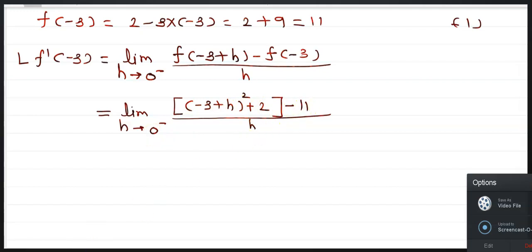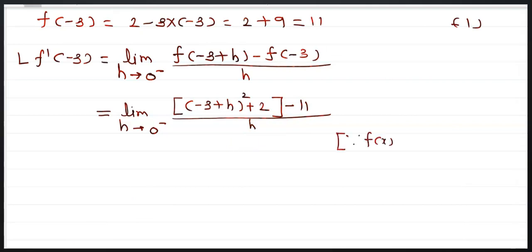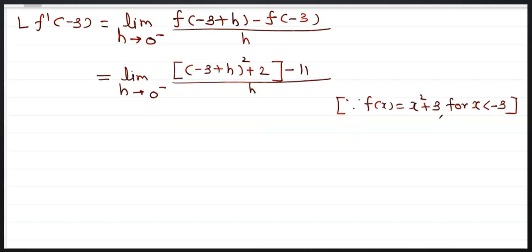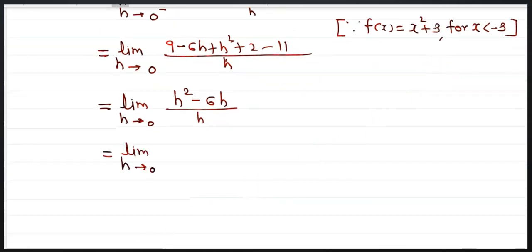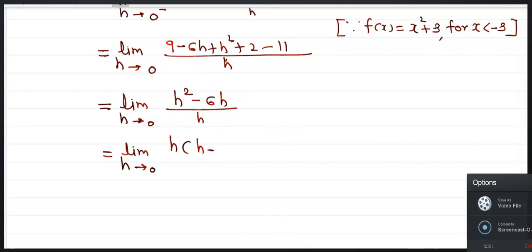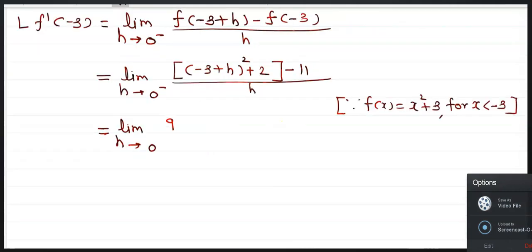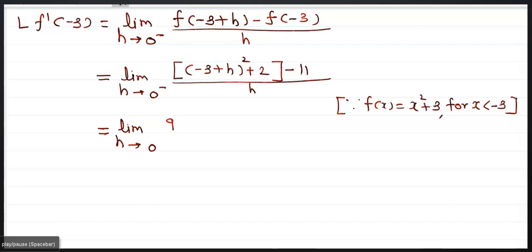We'll substitute the values. Then we are taking the function x square plus 2. By mistake I had written it as 3, but it is not 3. Don't take this as 3, this is a 2. Therefore, after simplification, you will get, now I will show you again. That is minus 3 plus h bracket square, expand it.